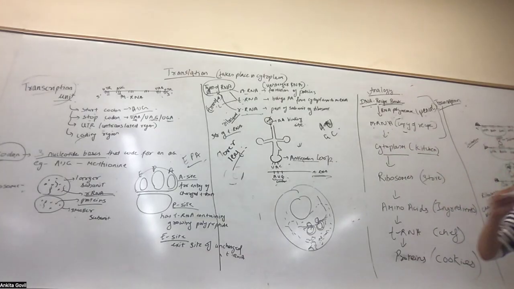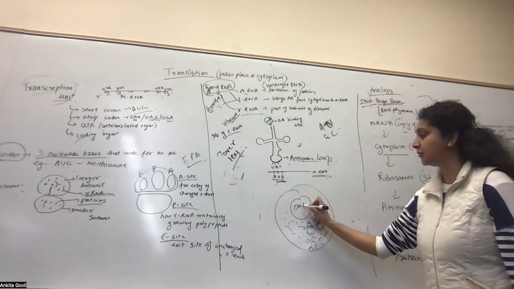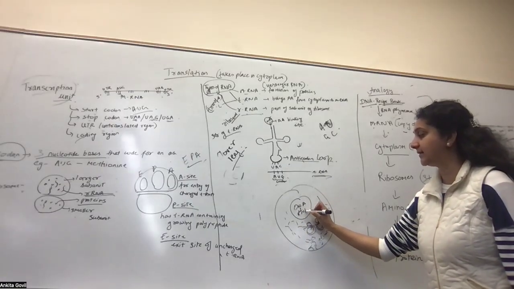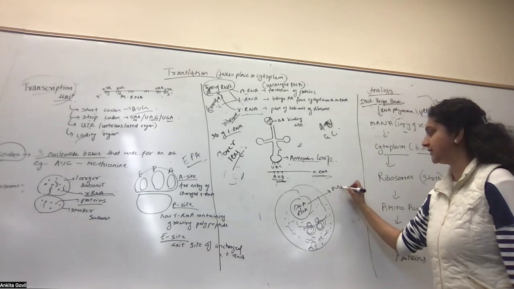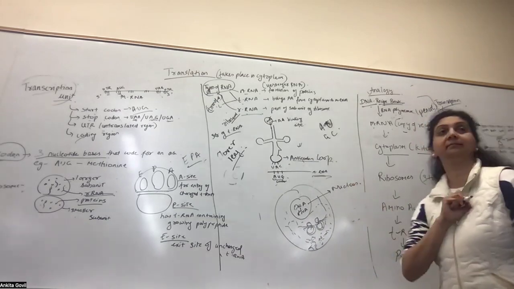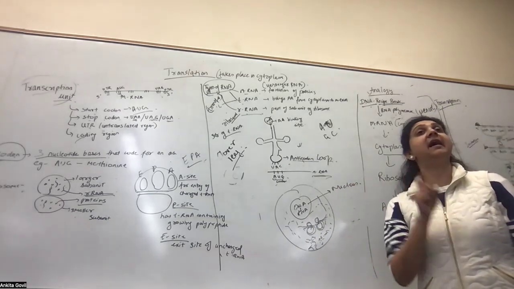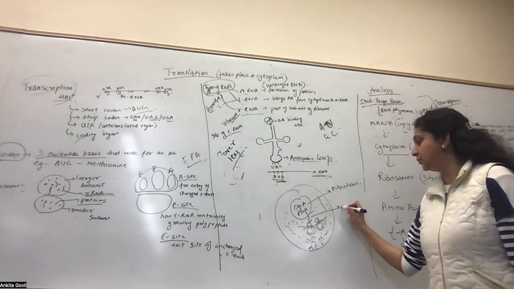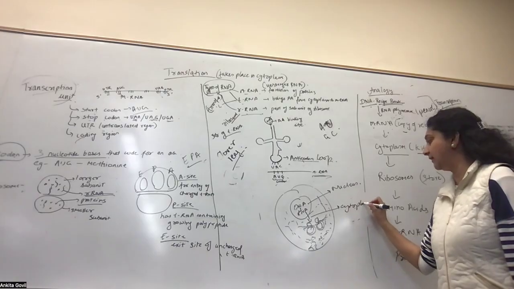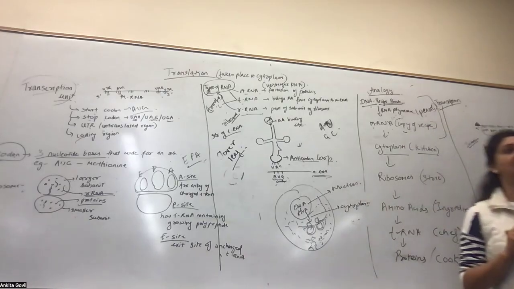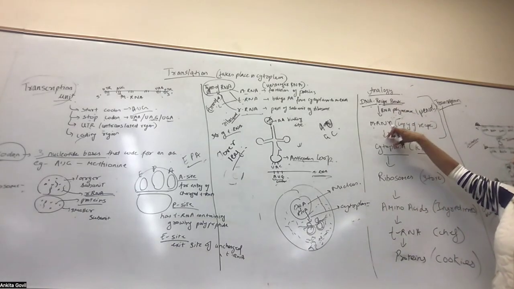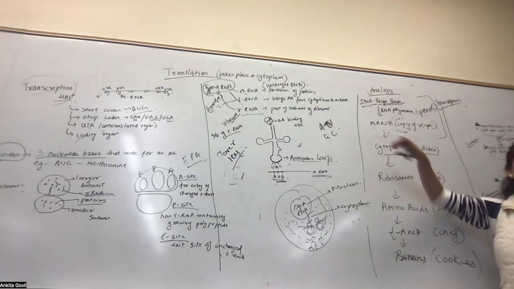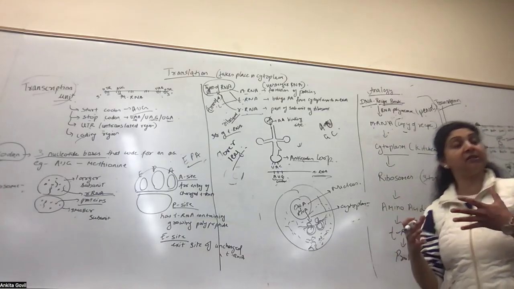If you remember, DNA to RNA was taking place in the nucleus of the cell. Once the mRNA is formed, it comes into the cytoplasm of the cell, the actual kitchen where the formation of cookies will take place.